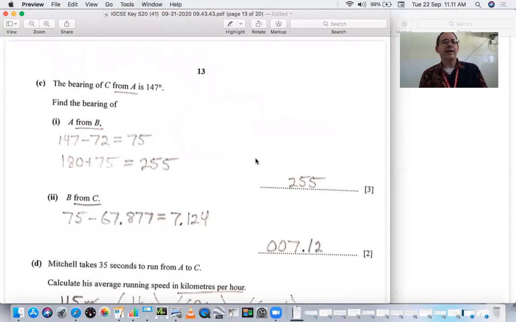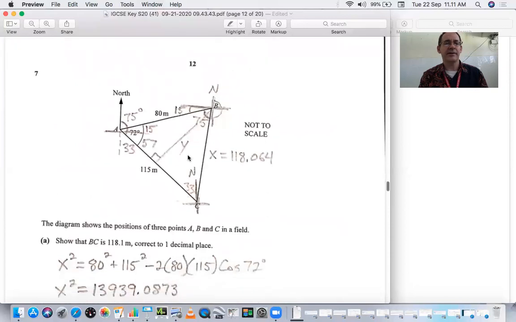Going on, the bearing of C from A is 147. So let's go back here. C from A is 147. So from A, facing north, going clockwise until you're facing C, that is 147. Now notice there's already a 72 here, so I subtracted the 72 to get 75. 75 and 72 make 147.